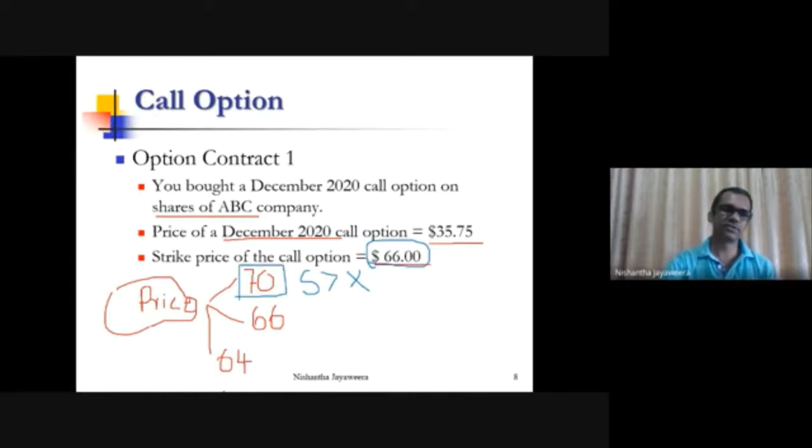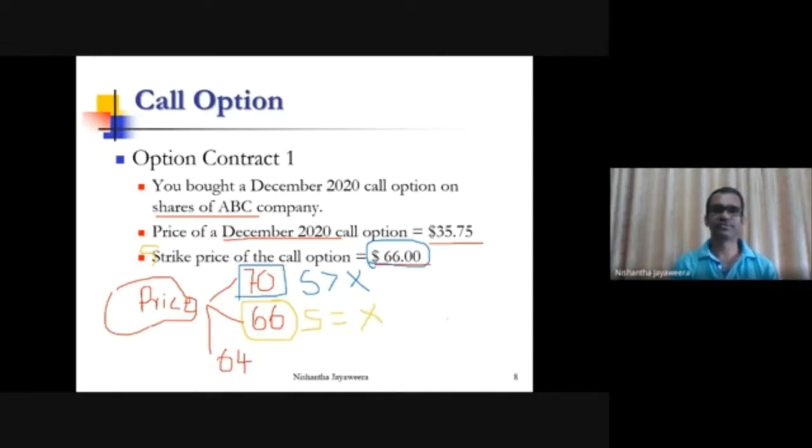So now let's assume the second scenario, when the market price is at 66. Now what do you do? At this point, spot price is same as the strike price.